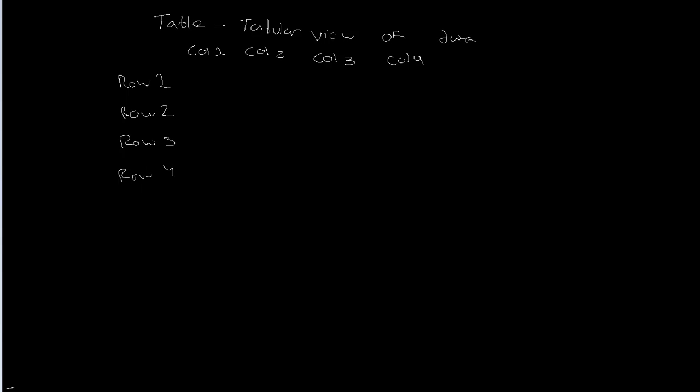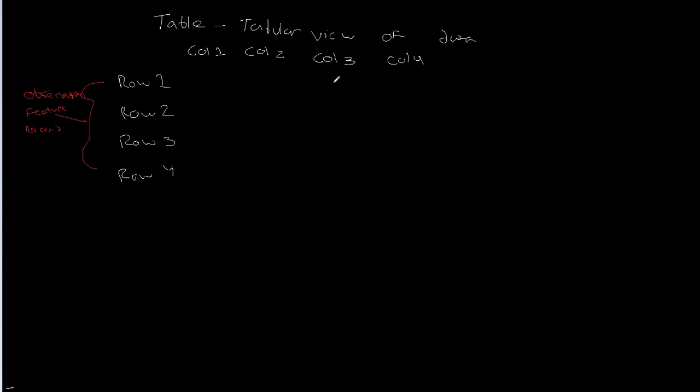Where each row represents an observation, or in the case of geospatial data, you might see these called a feature or a record. Each row represents some piece of data.